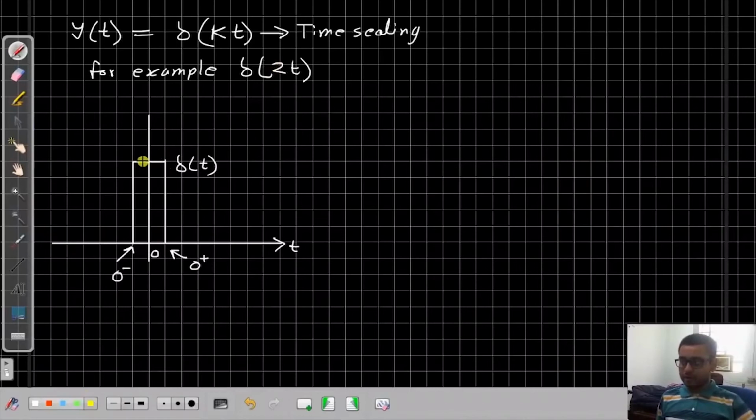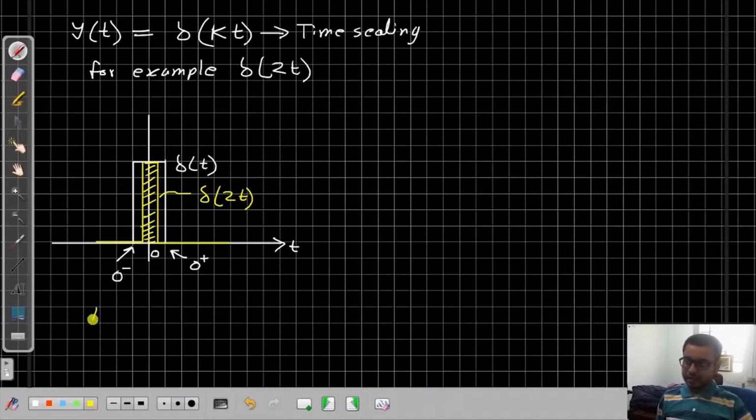So this will become like this, more narrow, but the height will remain same. This signal is delta 2t, and the area under this curve is, of course, half of the area of delta t.